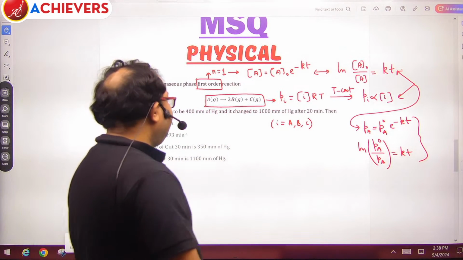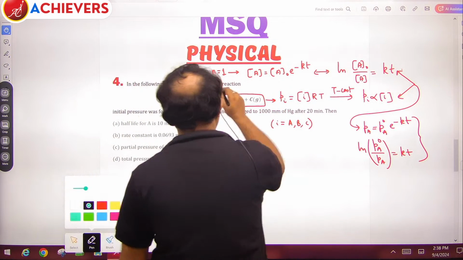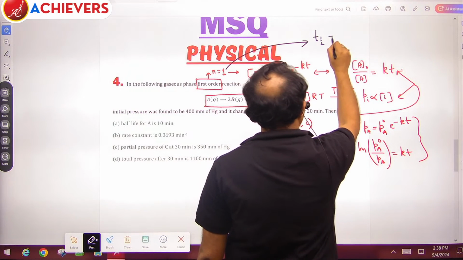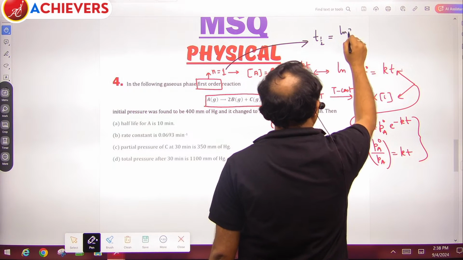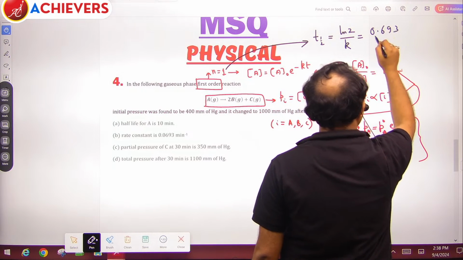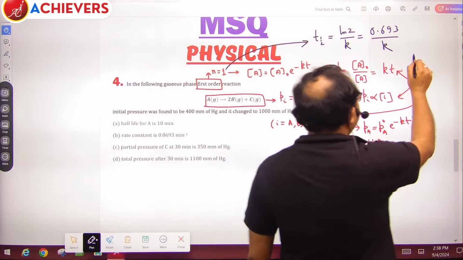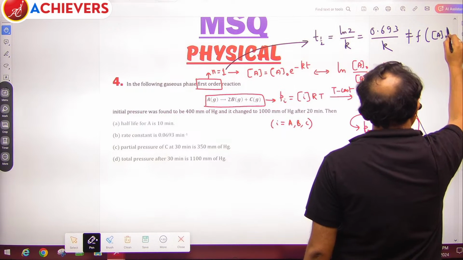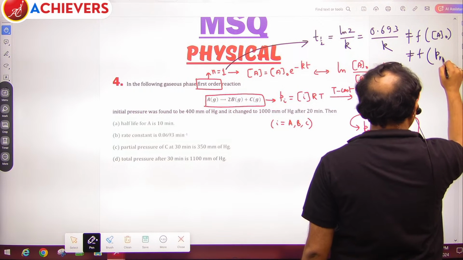And another important fact for first order reaction is t half is equal to ln 2 by K, or ln 2 is 0.693 divided by K. And t half is independent of the initial concentration, and similarly it is independent of the initial pressure.